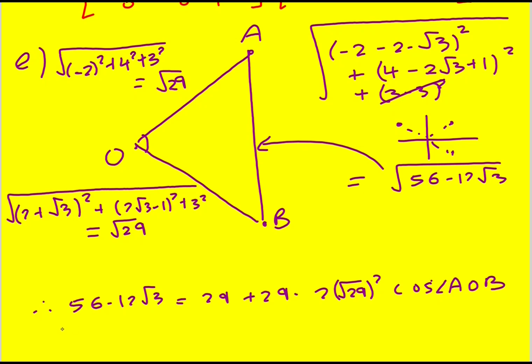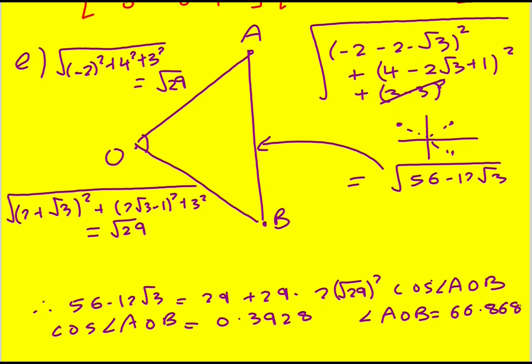If you rearrange that, you get cos angle AOB equals 0.3928, which gives angle AOB equal to 66.868, which becomes 66.9 degrees.